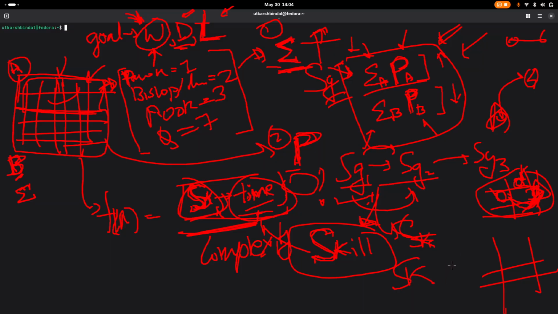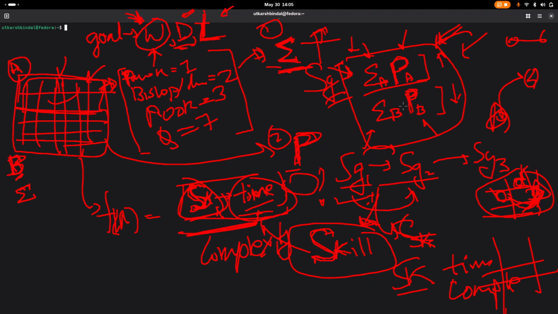You have time, and the complexity of the position. What I mean by complexity is that if there are like four pieces on the board, it might be easier to judge the position, versus if all the pieces are there and they're interacting with each other, then the position could be really complicated. So that could also play a role. For a more complicated position, maybe it's harder for someone to judge this equation.